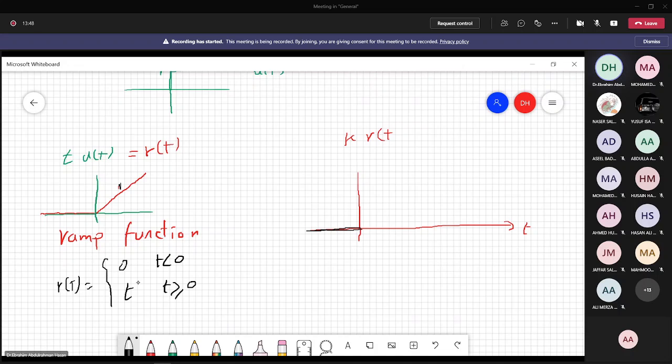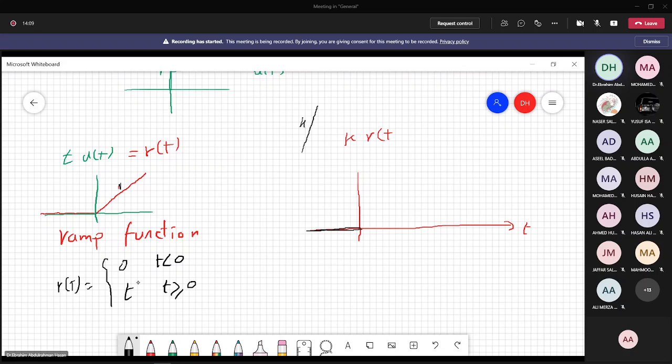If you multiply this by k, here again it will be 0, while here it becomes k multiplied by t. So the slope is going to change from 1 to k. Instead of the slope being 45 degrees, the slope will be equal to k.